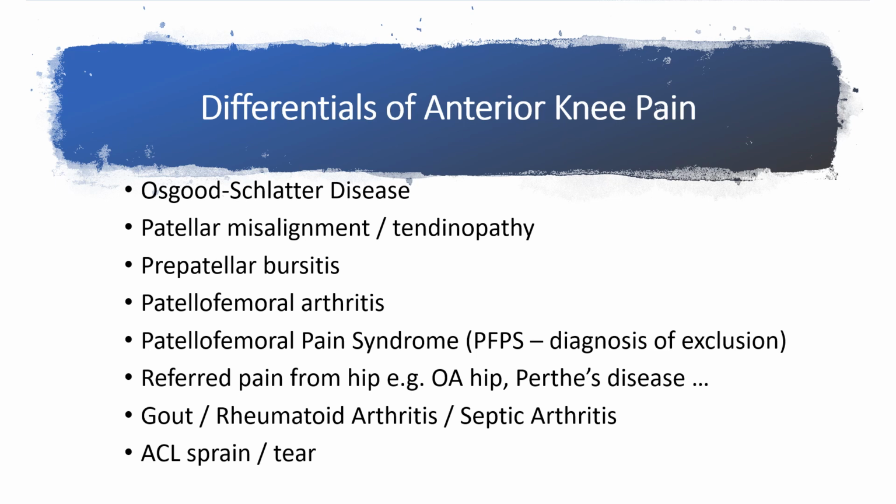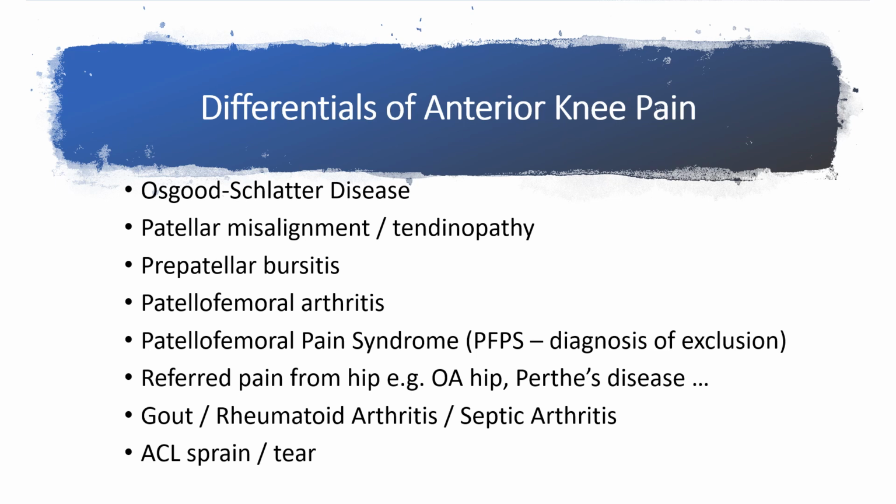Prepatellar bursitis, this is the inflammation of the bursa, particularly when somebody kneels down to pray, or the work we've just mentioned. We talked about arthritis as well, the patellofemoral joint. A diagnosis of exclusion, once they've excluded other things, it can be patellofemoral pain syndrome. There's nothing organic that's obvious. You can get the collection of symptoms due to that area.